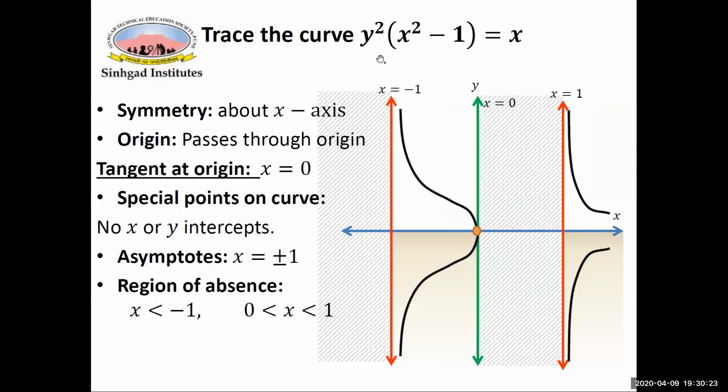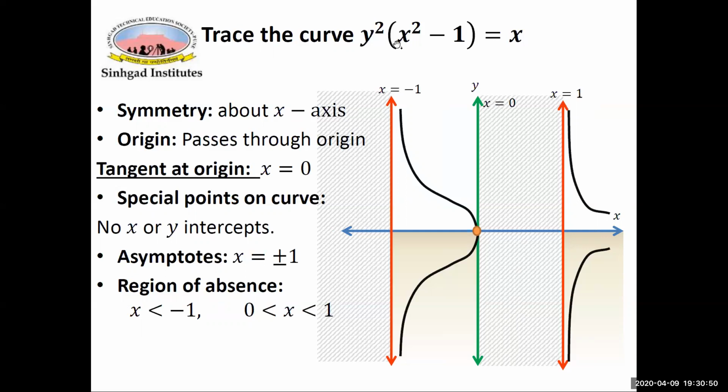So, symmetric to the x-axis. x square y square minus y square is equal to x. Are you getting any constant term here? No. So, the curve will pass through the origin. The last 2 curves were not passing through the origin. It passes through the origin. Since it is passing through the origin, it will have a tangent at the origin.